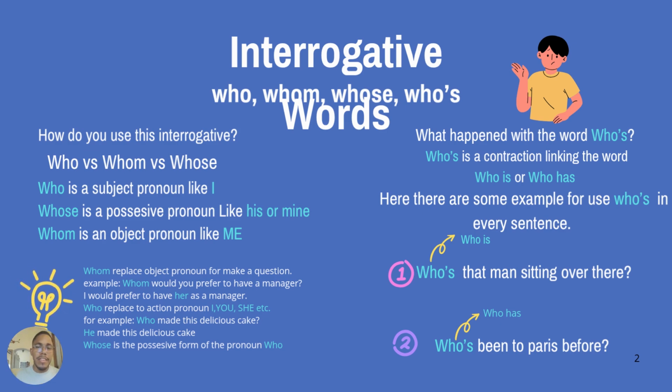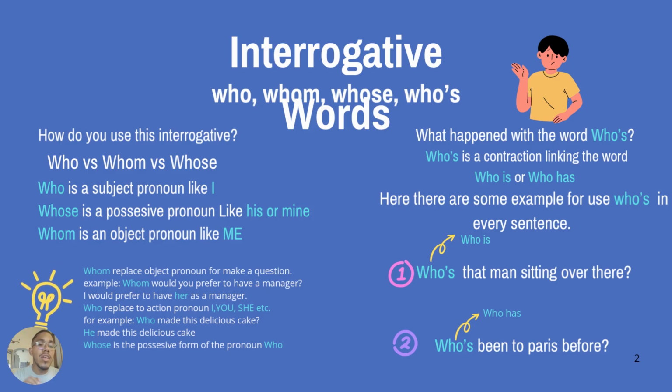For example, number one is: who's that man sitting over there? Look at this. This question means who is the man sitting over there. It's very interesting when we use who's as a contraction, and in this sentence we are making an interrogative.